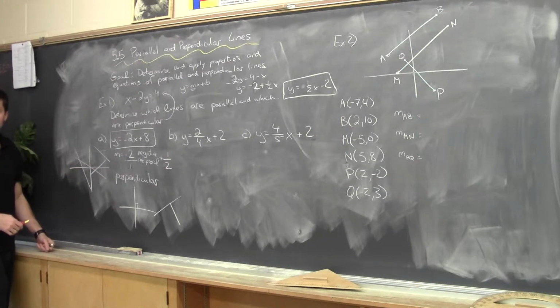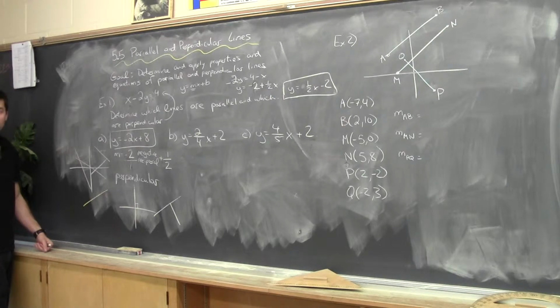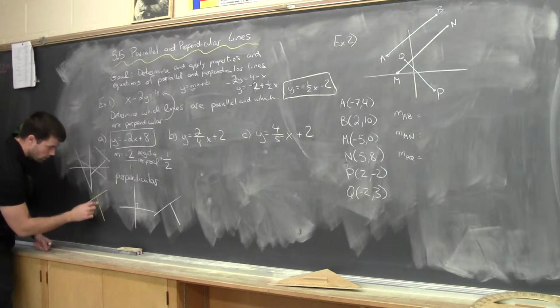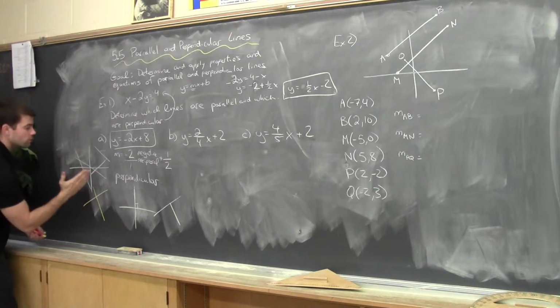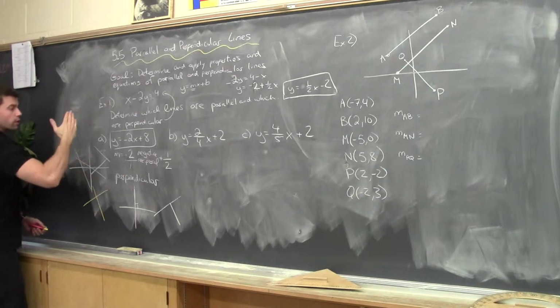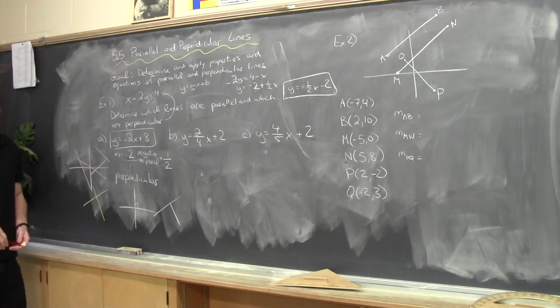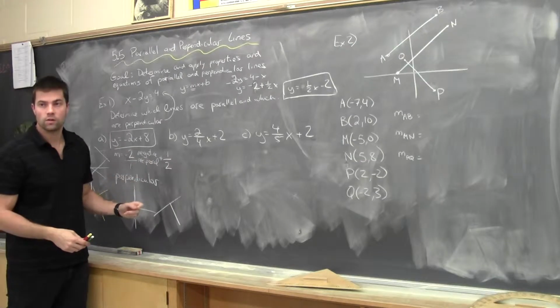Does that make sense? There's no way I can draw a perpendicular line to this with a positive slope. As soon as I draw a perpendicular line, it now has a negative slope. It's going down. You can't have two lines that are pointing up that are perpendicular. You've got to have one that actually goes all the way over to the other side, right? So that's why it always has to be negative reciprocal.